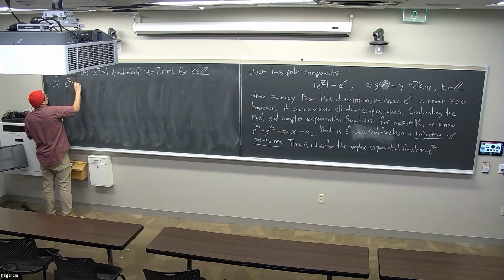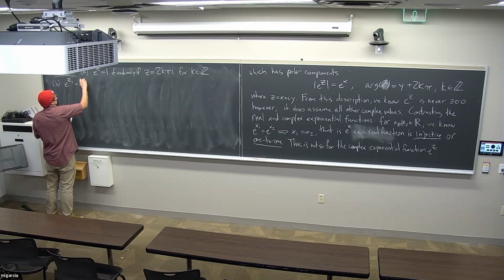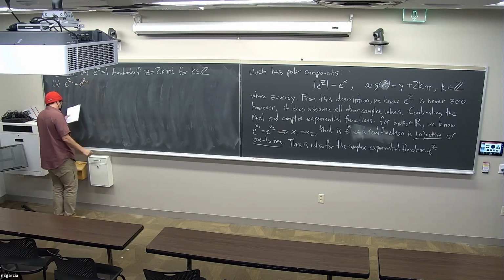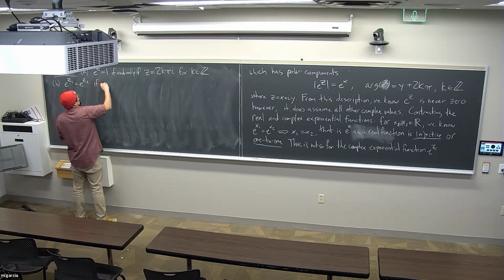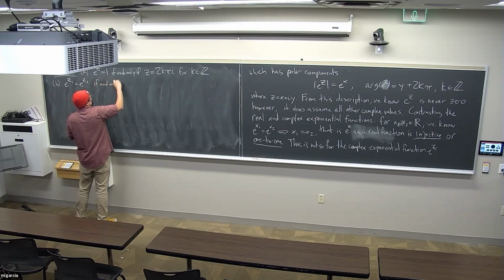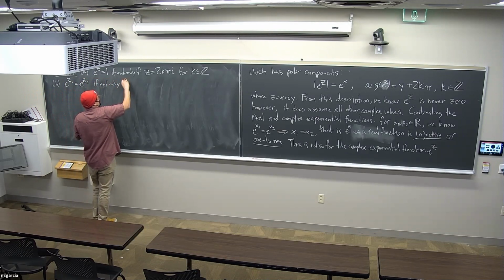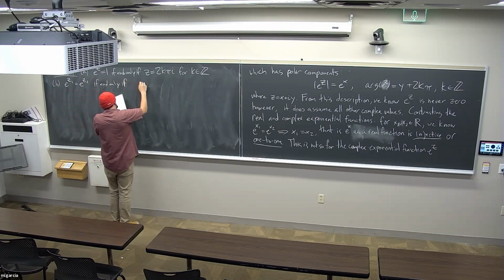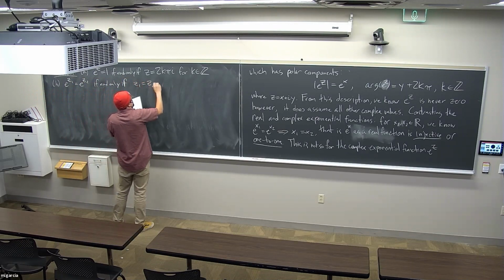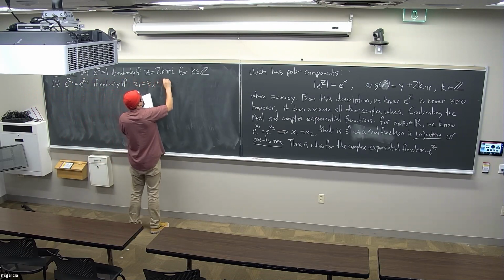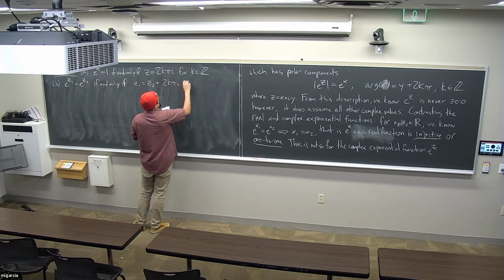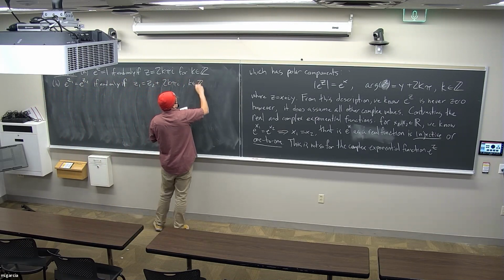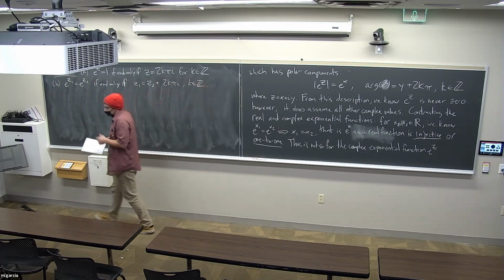Part B. e to the z1 equals e to the z2 is the case if and only if z1 is equal to z2 plus 2k pi i, for arbitrary integer k.